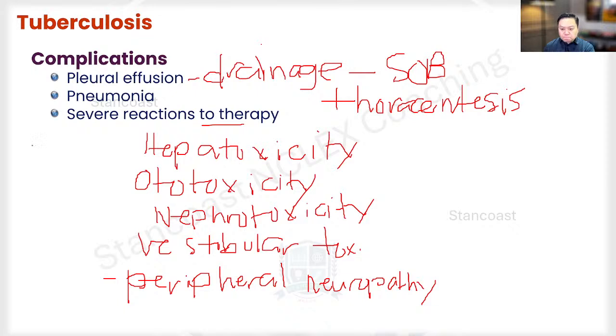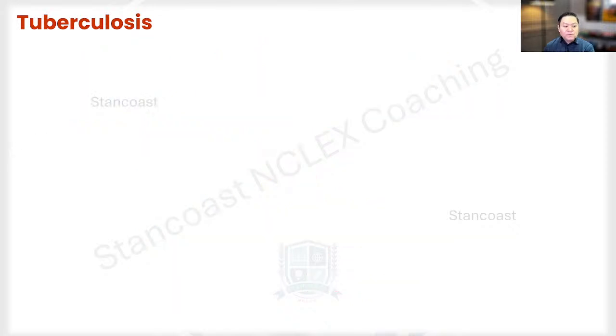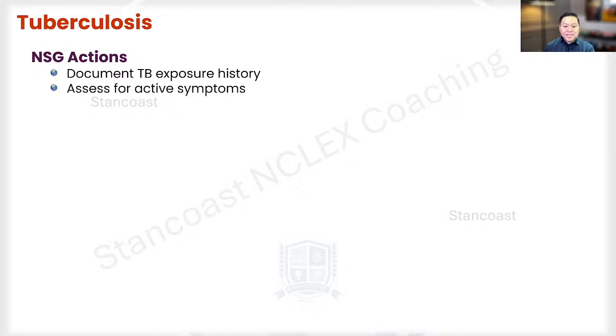Now, we are going to move forward in our discussion regarding the nursing care. We'll start with the assessment. This requires us to document the patient's TB exposure and also to check for active TB disease symptoms.